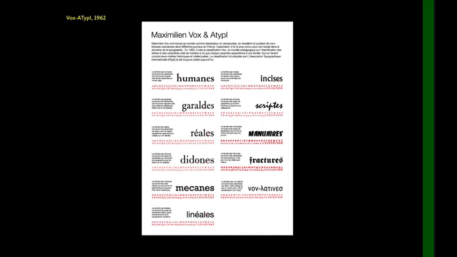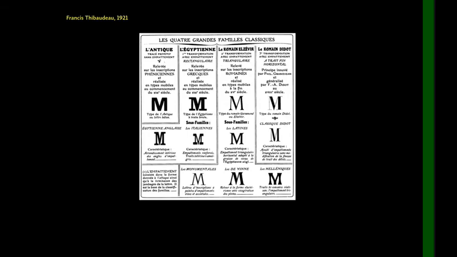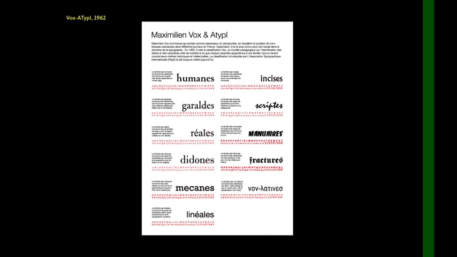They said, yes, Mr. Vox, we like your system. We're going to adopt that as our official classification system. But they added one more category. Let's see, what did they add? Going back one, it looks like they added what they called a fractures system, which we're going to refer to as a black letter.